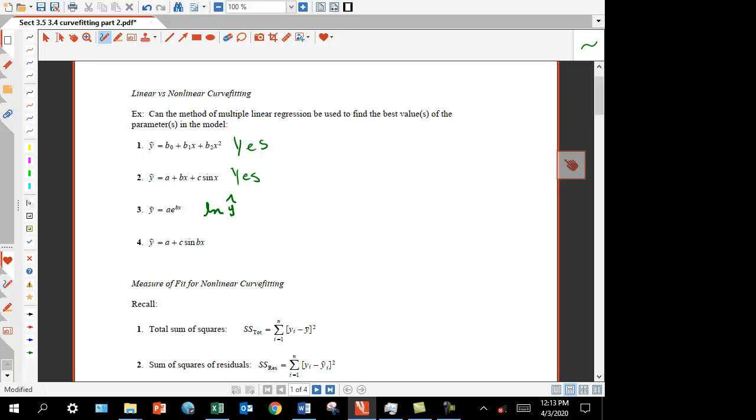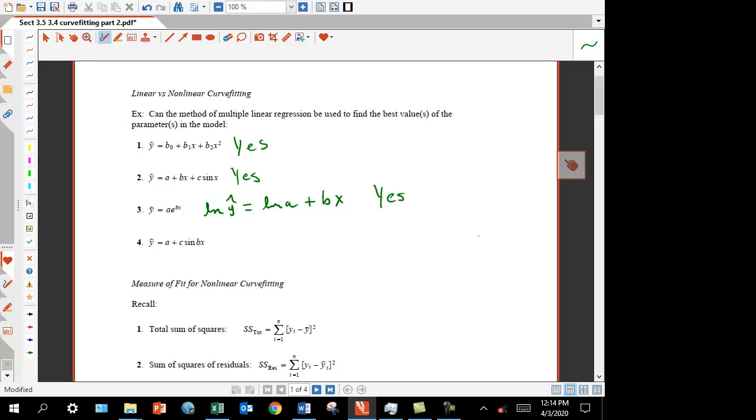And so if we take the natural log of both sides, ln of y is ln of a plus bx. And the important thing is that here is a parameter and here is a parameter, and they're occurring in linear positions. And so yes, with a change of variables, we could do multiple regression there as well.